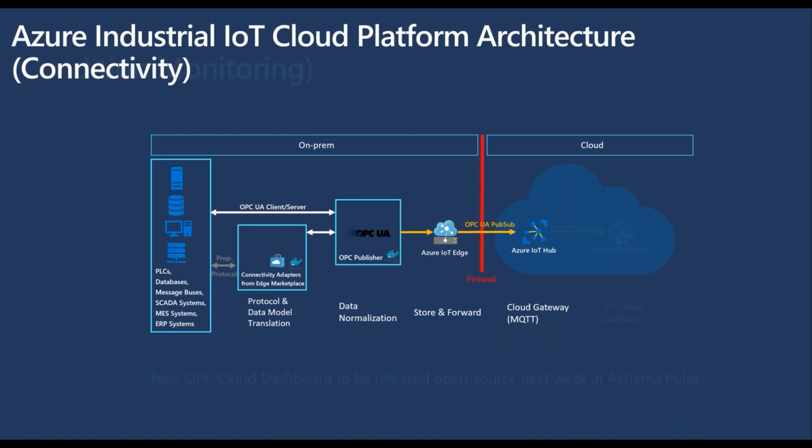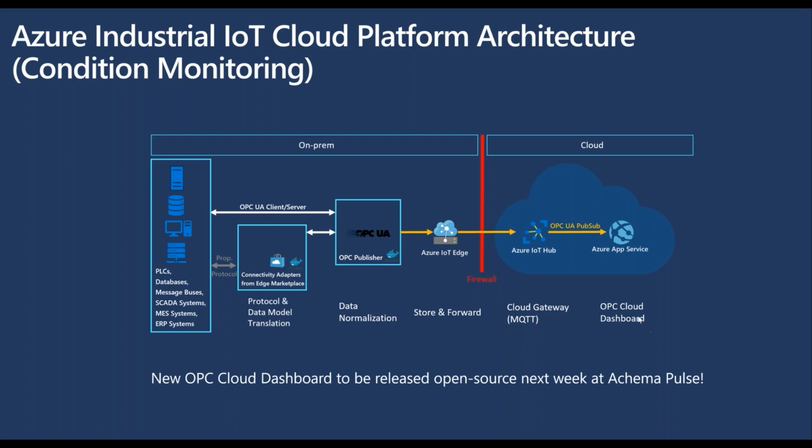So that's connectivity. How does condition monitoring look in addition to connectivity? Condition monitoring leverages connectivity. The only thing you really need on top of that is an OPC UA-enabled cloud dashboard, and we're going to release such a cloud dashboard open source at Hannover Messe next week.